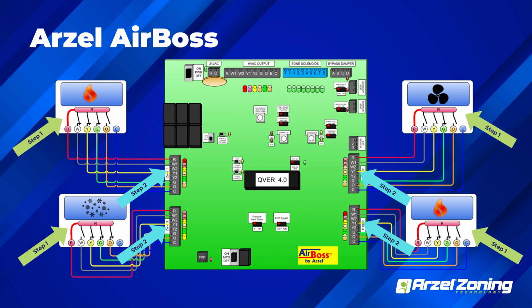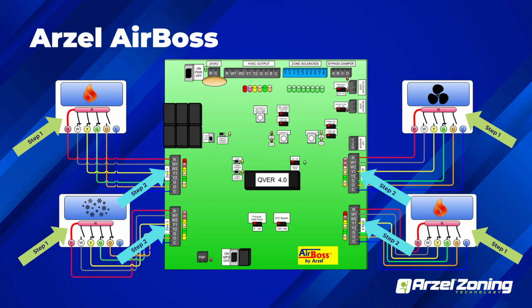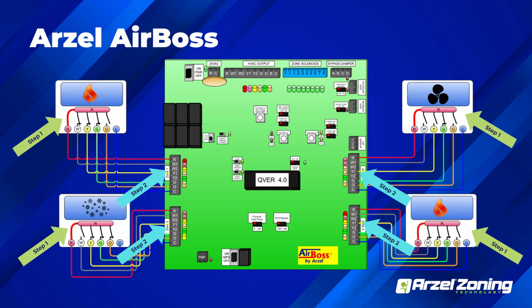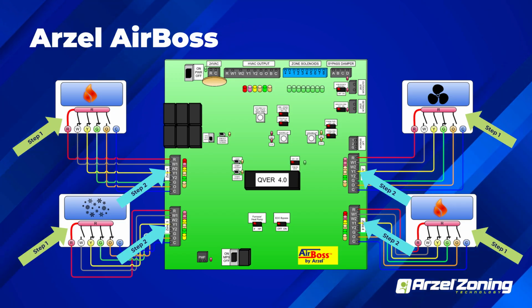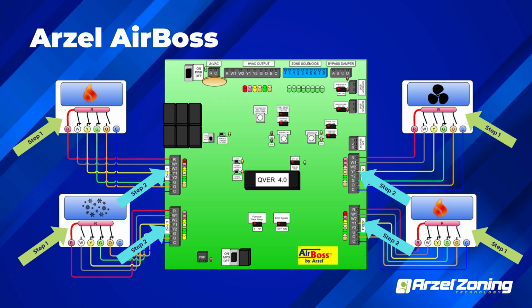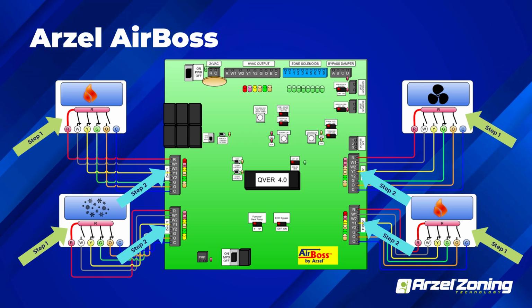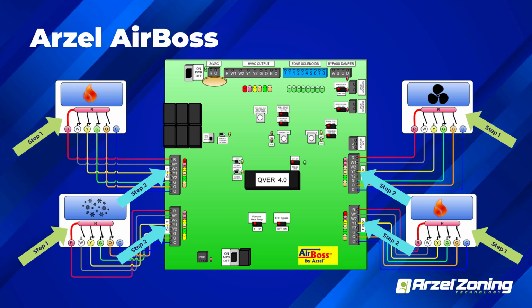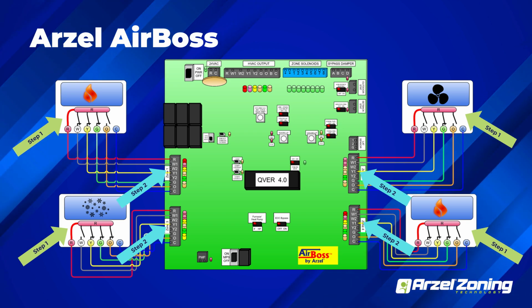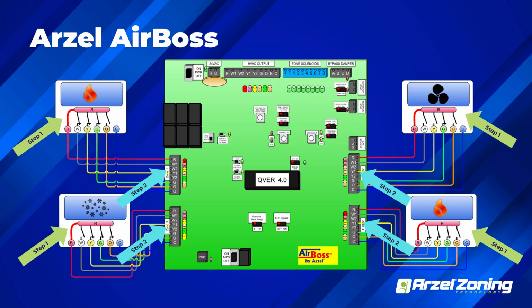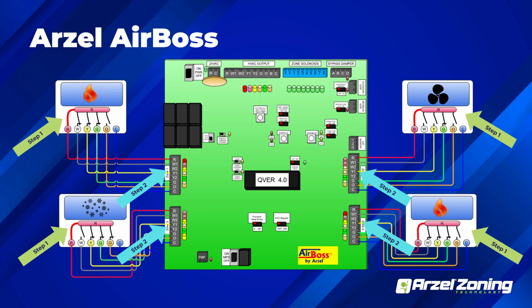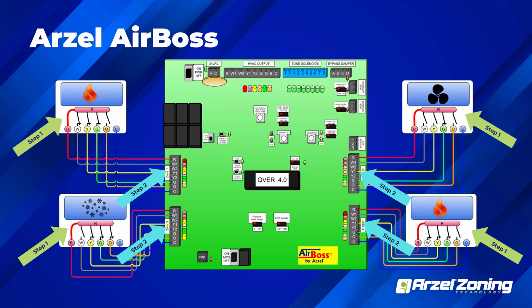With the HeatPumPro, there are individual zone screens that tell you exactly what's being received from the thermostat. With the AirBoss, there's an LED indicator for each of the zone connections, and an LED indicator on the HVAC outputs. So instead of the LCD screen that you have with the HeatPumPro, the AirBoss LEDs will tell you what it's doing. Looking at your zone connections, top to bottom, it's red, red, yellow, yellow, green, yellow.